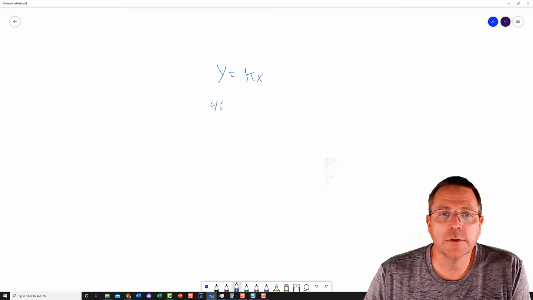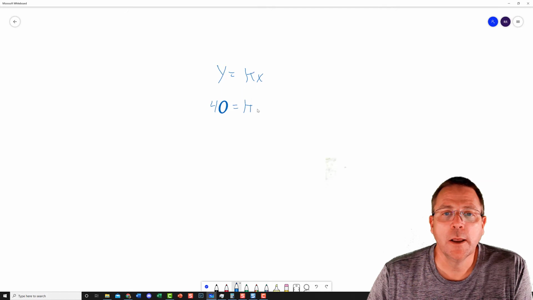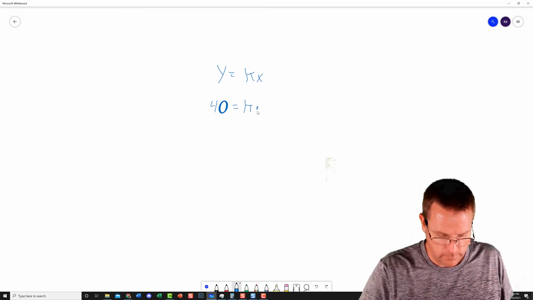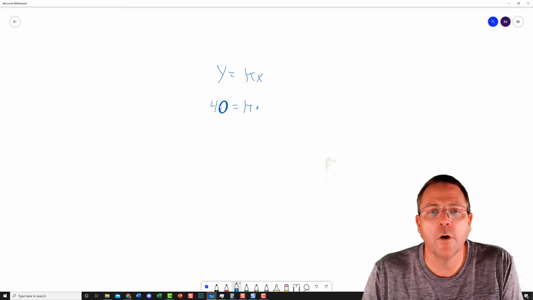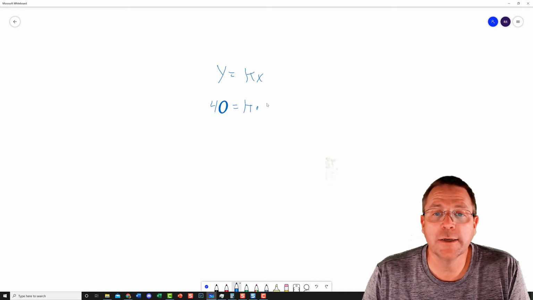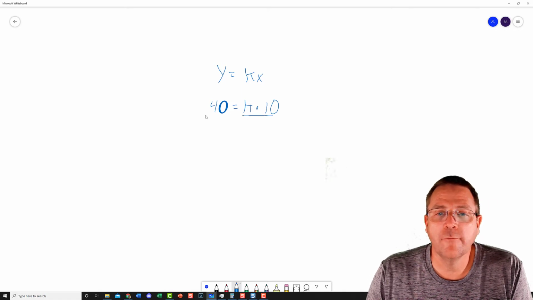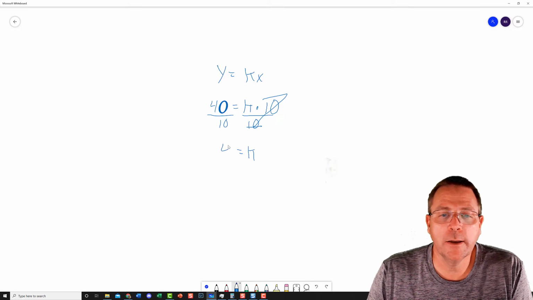Your perimeter is going to be 40, and that equals your constant of variation times the side length. From there, we're going to divide both sides by 10 to isolate that variable. 10 divided by 10 is 1. 1 times k is k equals 40 divided by 10 is 4.